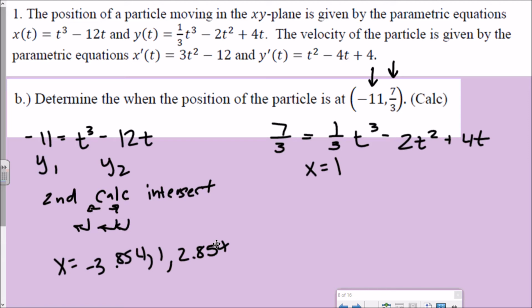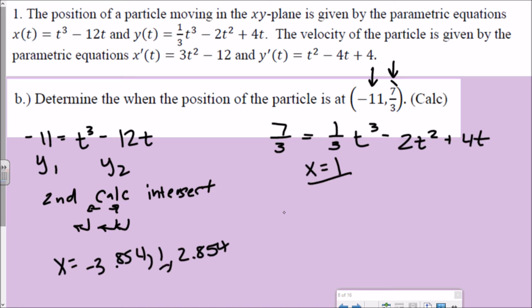If you want to know where your position is negative 11, positive 7/3, that means you must have a time that satisfies both conditions. Your x has to be equal to negative 11 and your y has to be equal to 7/3. So our only answer can be the one in common here. x is equal to 1, and that would be your final answer.